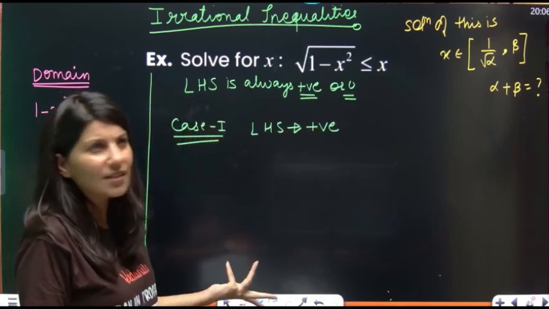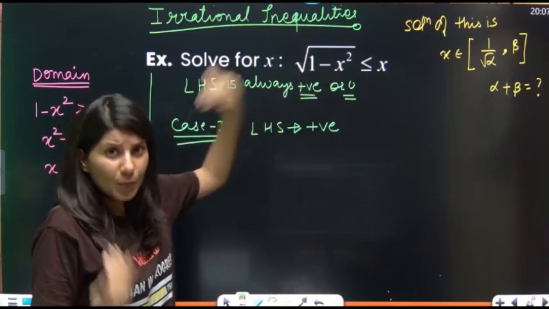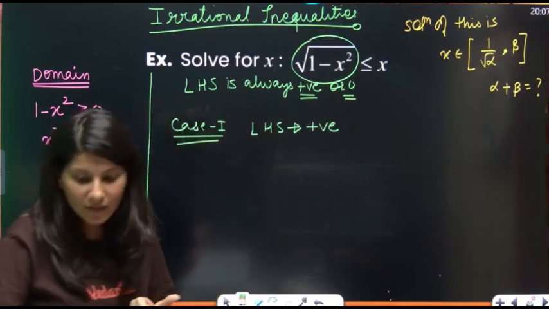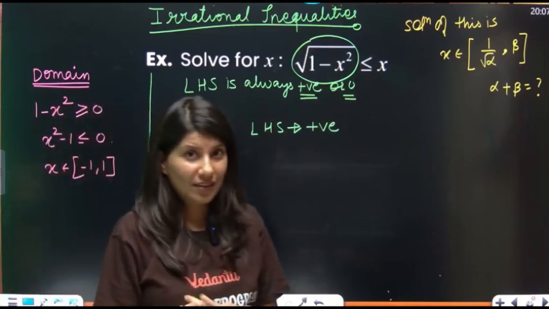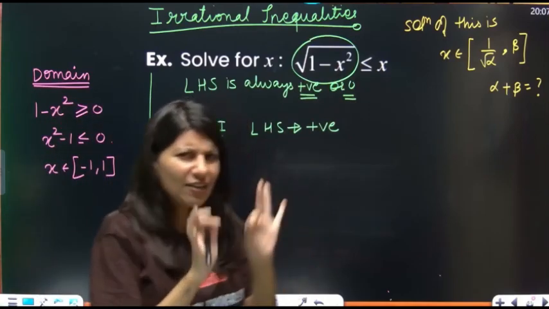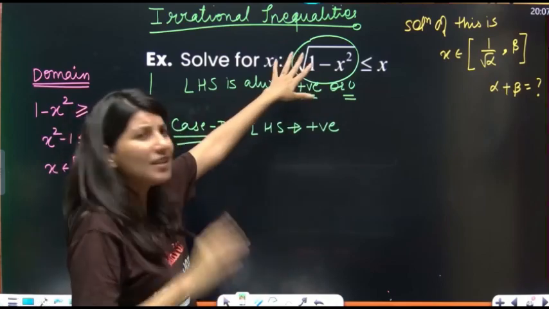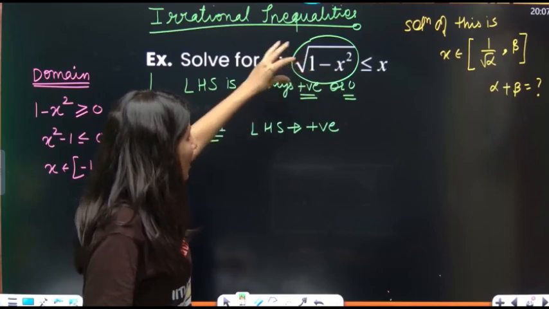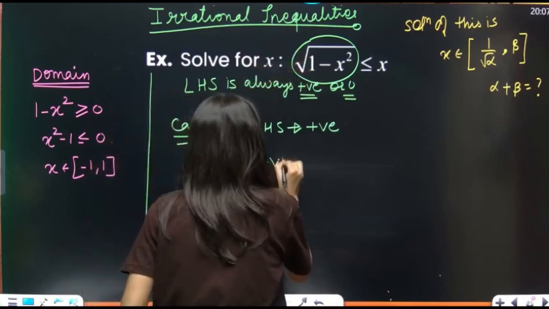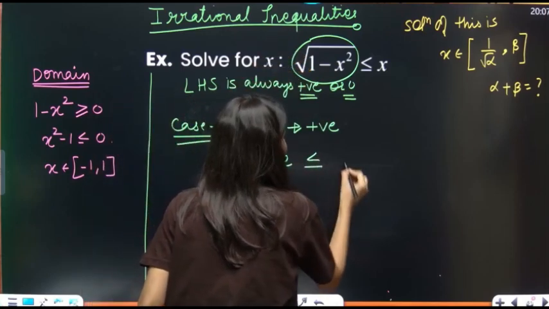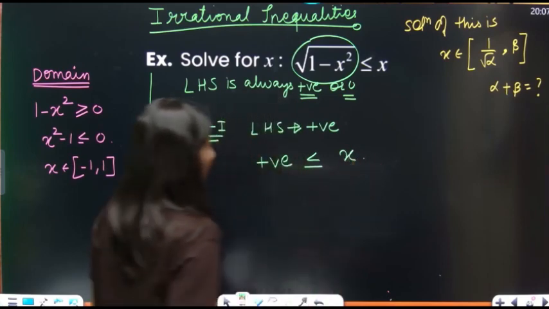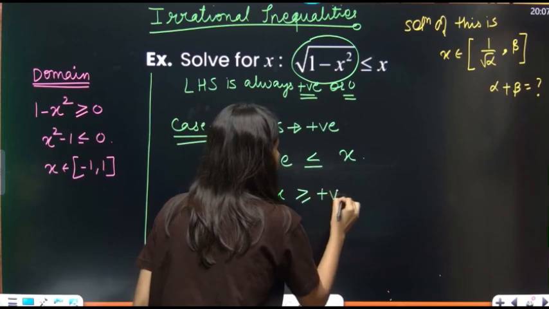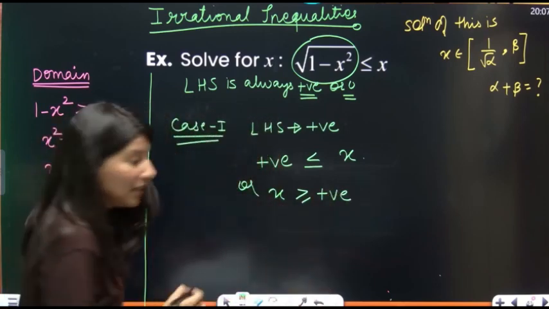Now, this square root output, this value either can be a positive number or 0, correct? Assume for the time being, case number 1, LHS is exactly positive. Now, a positive quantity is less than or equal to x, or you can say x is greater than or equal to a positive quantity. What does that mean?